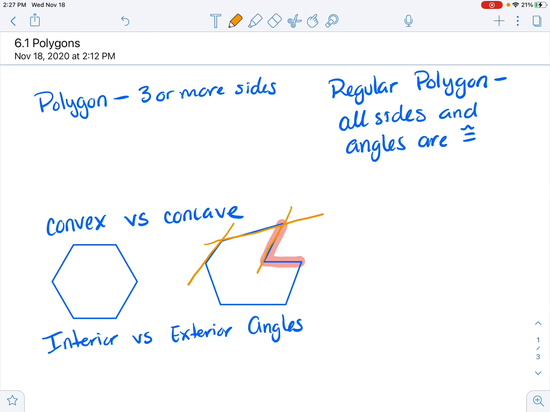This line right here and this line right here are both going through the figure and they're intersecting other lines. That means it's concave. That means this one over here is convex. You just need to recognize those. The ones we're solving for are going to be convex.